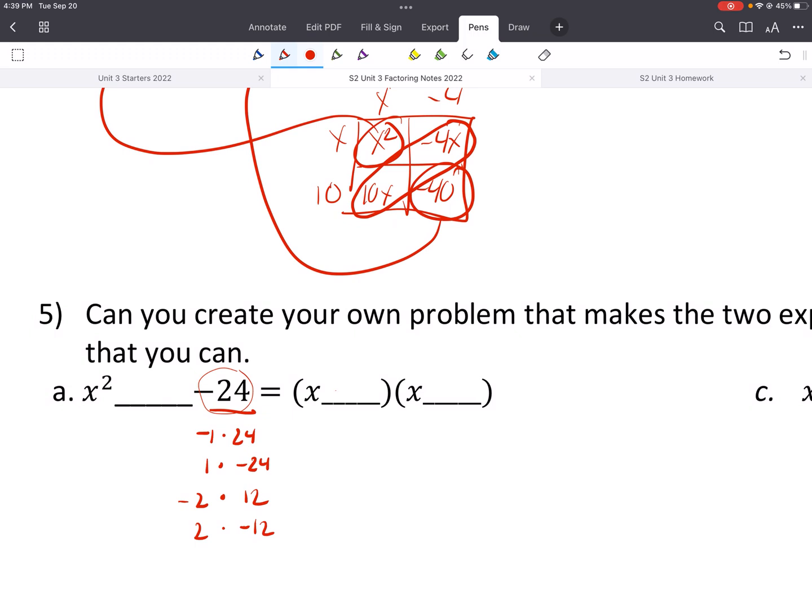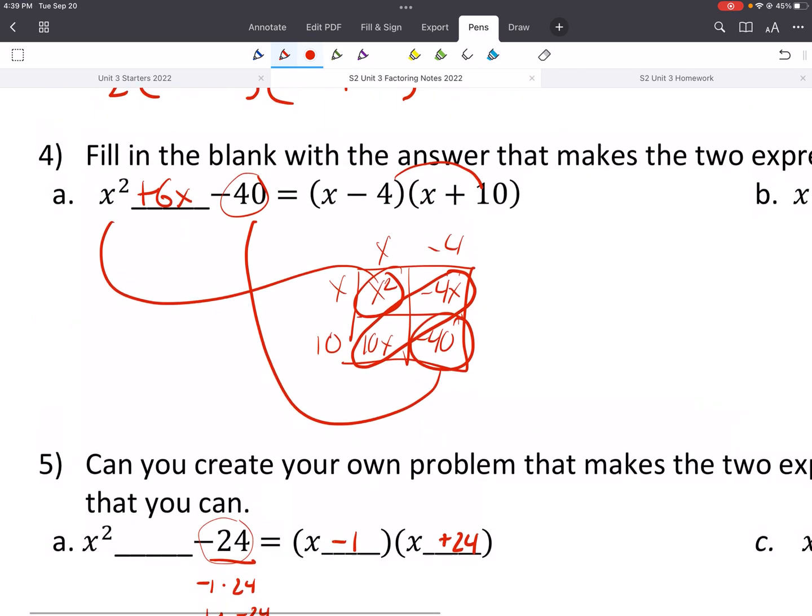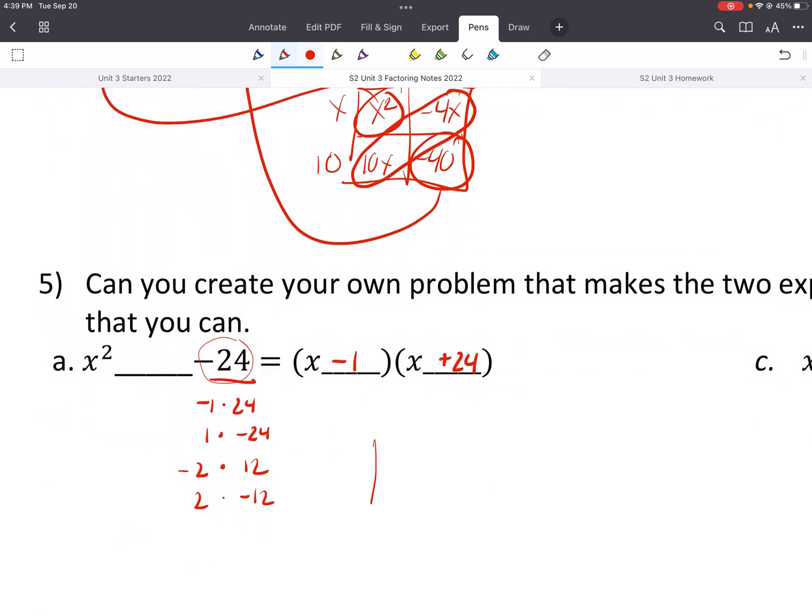So if you put those in, I'm just going to do the first one. Plus 24. If we were to multiply those together, if you did the box, it would give you that negative 24. So now we just need to figure out the same thing that we found here. I'm just going to use the box again. So x minus 1 and x and 24.